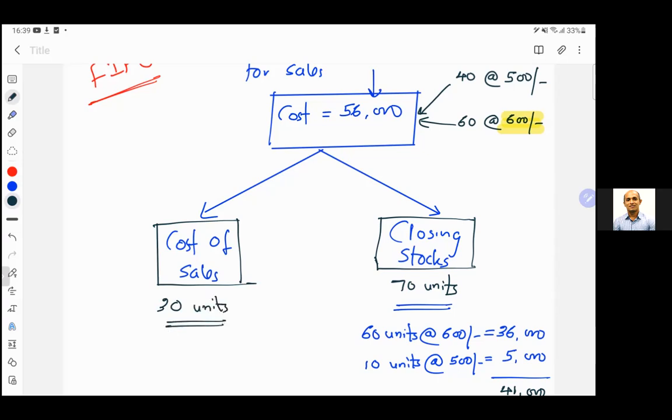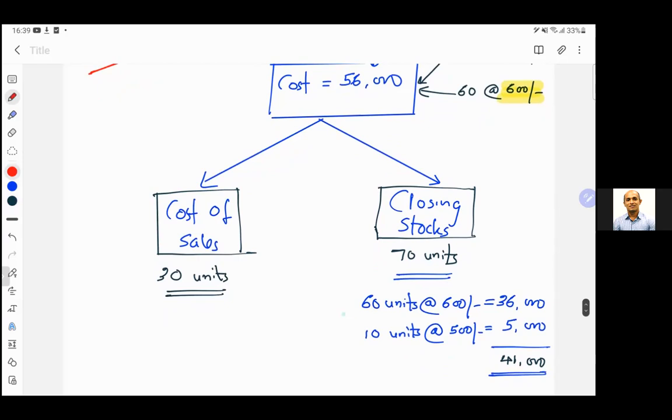The recent or current cost has gone to closing stock, so cost of sales is valued at old cost. The old price is 500.